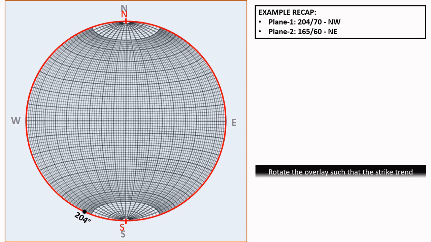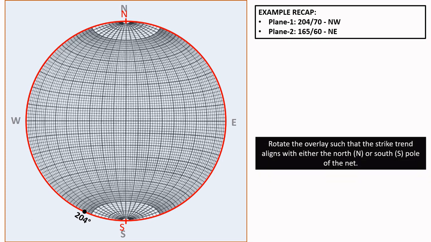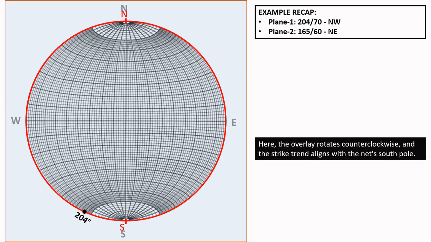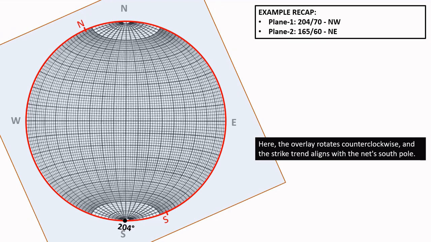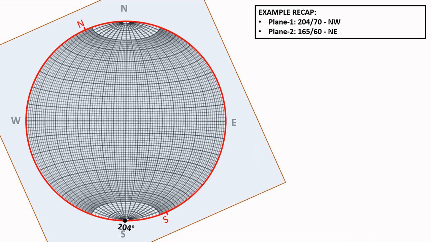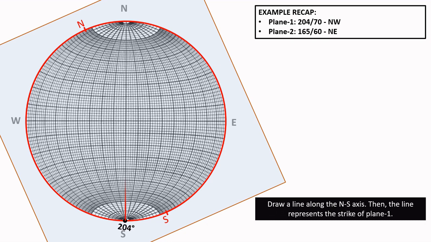Rotate the overlay such that the strike trend aligns with either the north or south pole of the net. Here, the overlay rotates counterclockwise and the strike trend aligns with the net's south pole. Draw a line along the NS axis, then the line represents the strike of the plane 1.